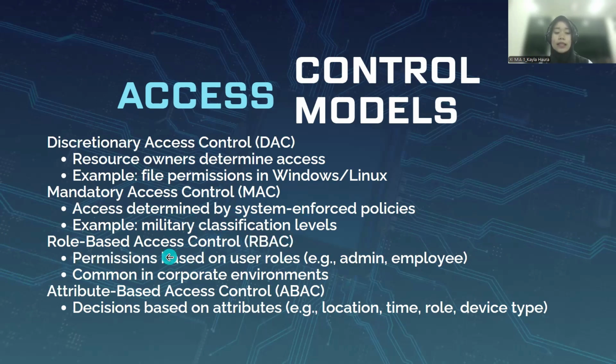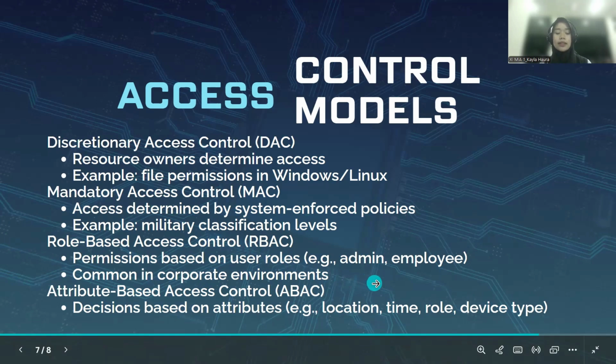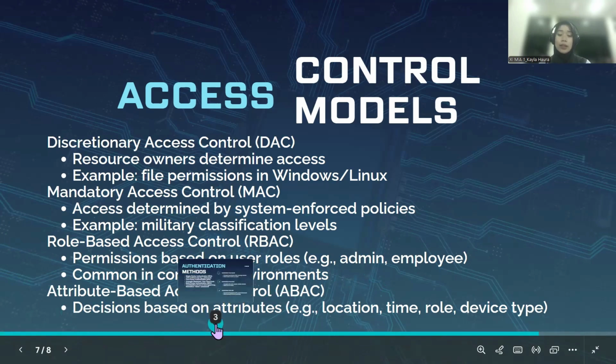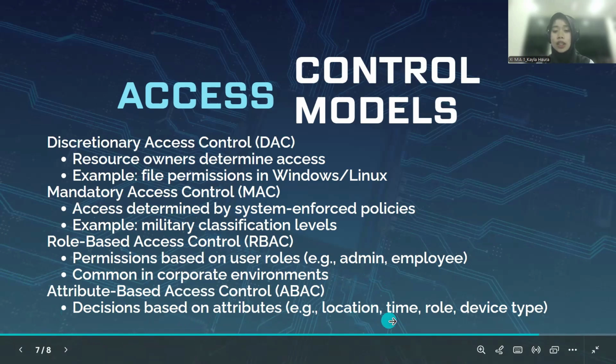And then role-based access control or RBAC, permissions based on user roles like admin and employee in corporate environments. And then the last one is attribute-based access control or ABAC. Decisions based on attributes like location, time, role, and device type.